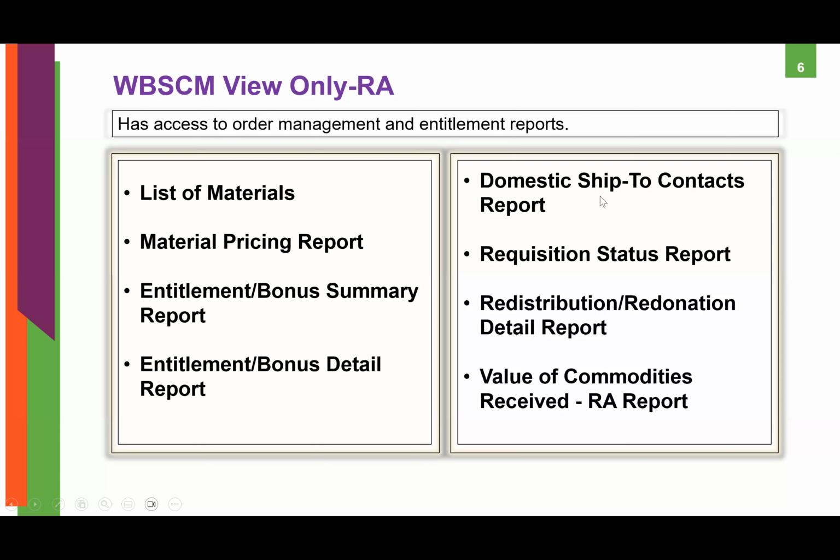And then also the domestic ship to contact reports, the requisition status reports, the redistribution and redonation detail reports, and then value of commodities received, your RA report. So basically they'll be able to view reports.